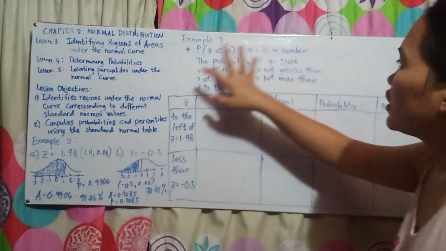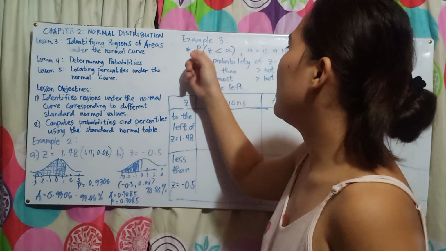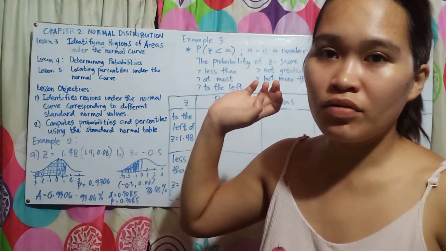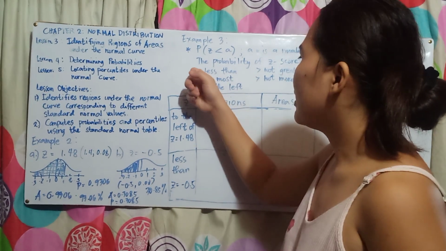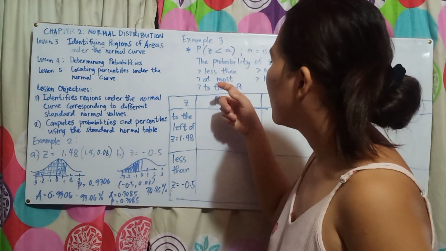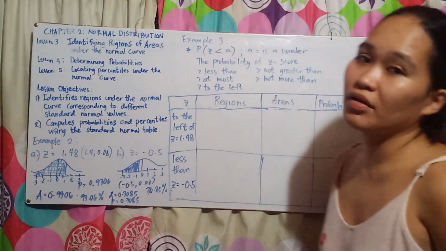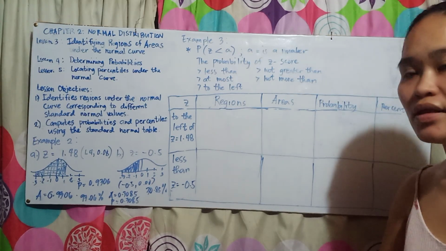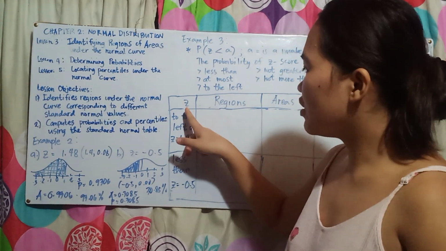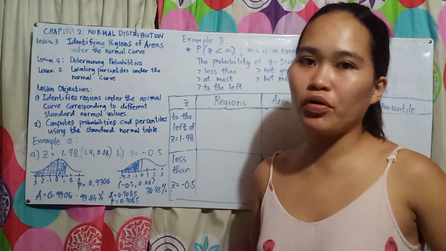Okay, next, example number 3. This is the notation: the probability of z-score less than A. These are the synonyms of less than, which are hints: less than, at most, to the left, not greater than, not more than, and other synonyms. The given is to the left of z equals 1.48.